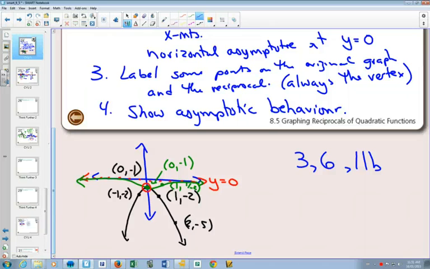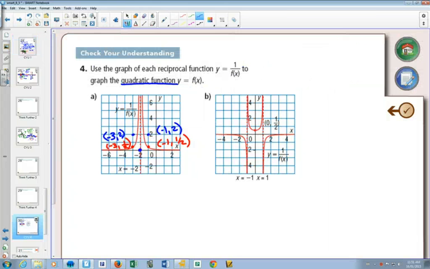What is important about the y-coordinate when they intersect? If the y-coordinate's going to be the same, and one of them's one number, and the other one is 1 over that number, what has to happen to the y value?